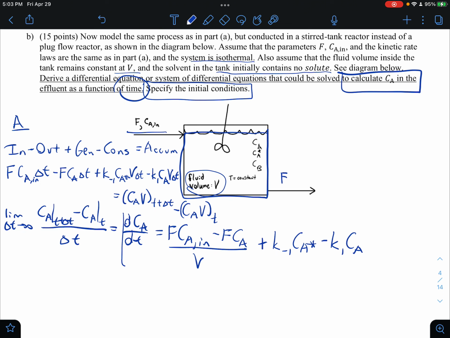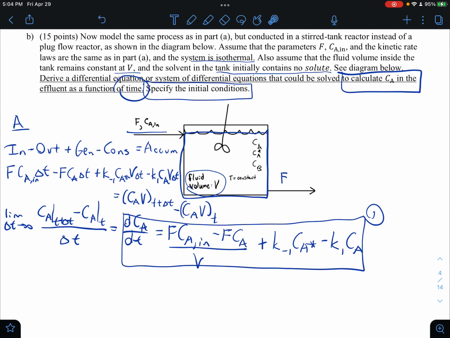I'm going to box this and call it equation 1.